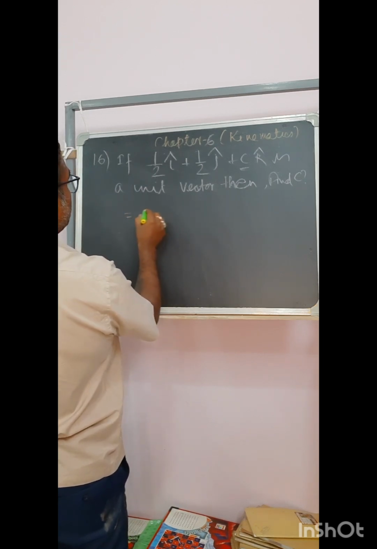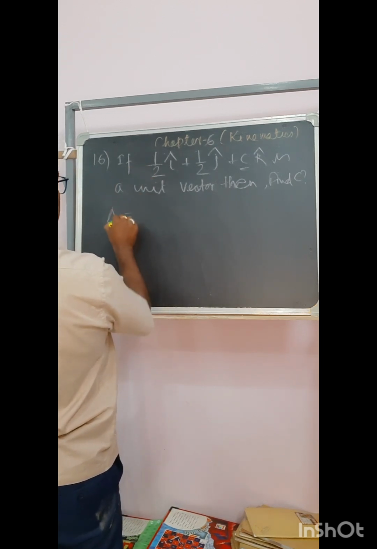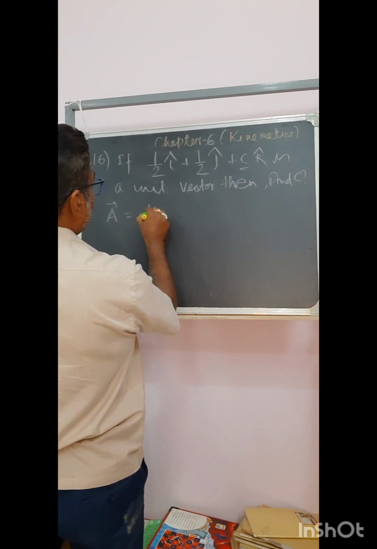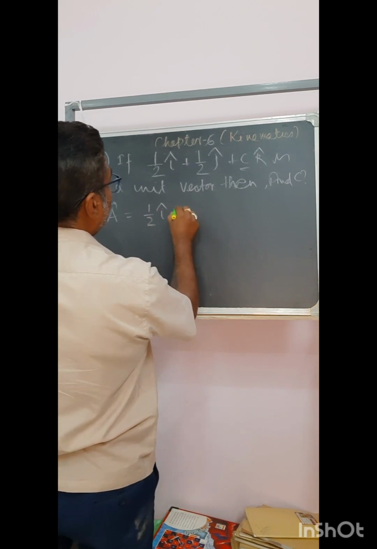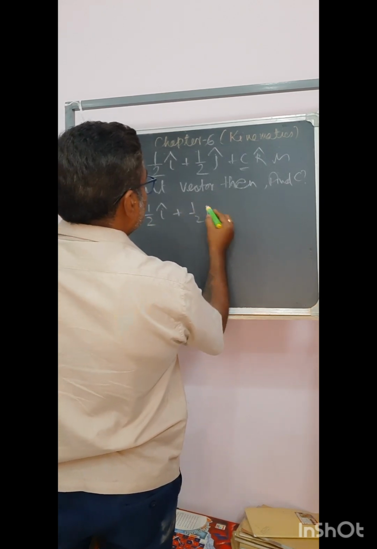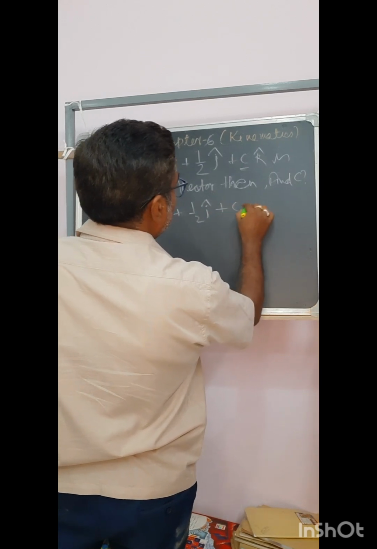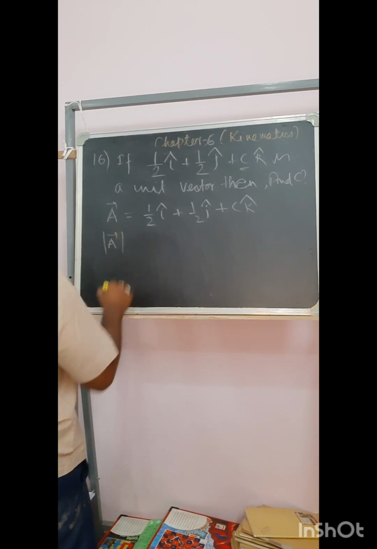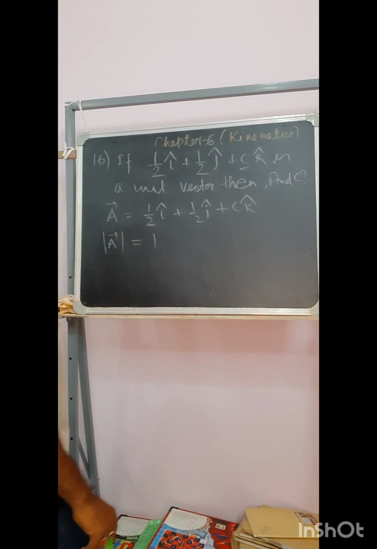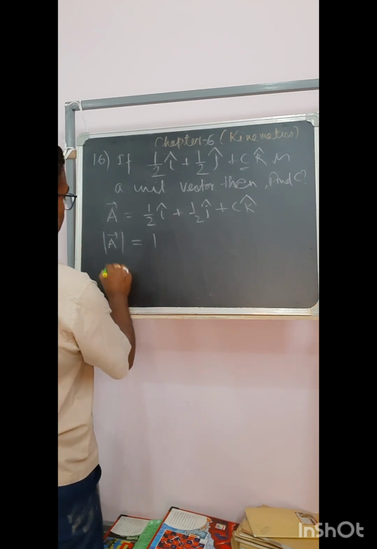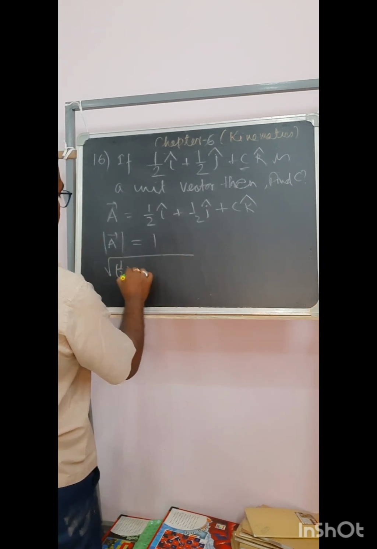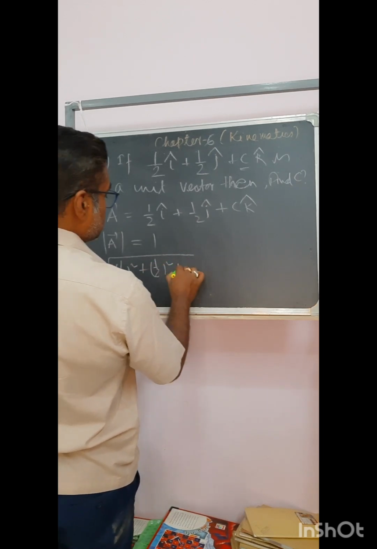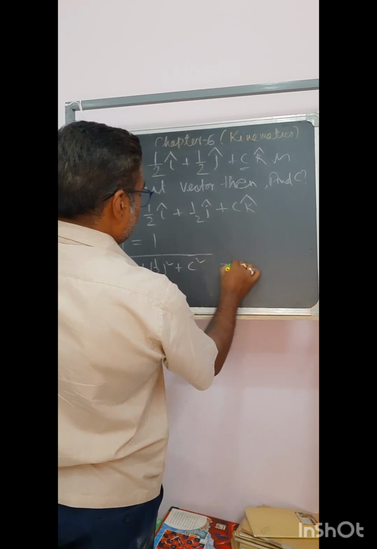If it is a unit vector, and it is represented as a, I am writing it as half i plus half j plus ck, and if it is a unit vector, the mod value of a has to be 1 as per the definition. So the mod value is what? Half square plus half square plus c square, meaning x square plus y square plus z square is equal to 1.